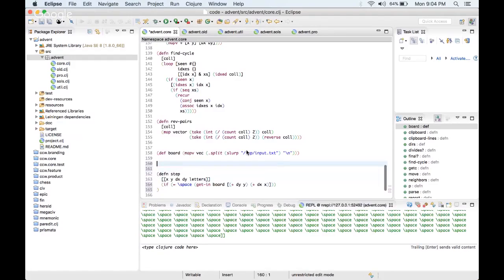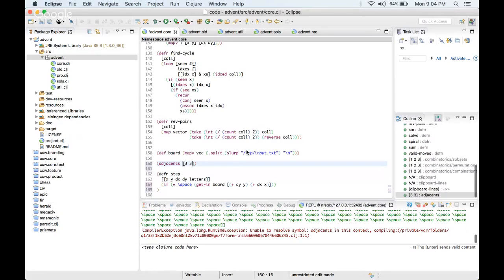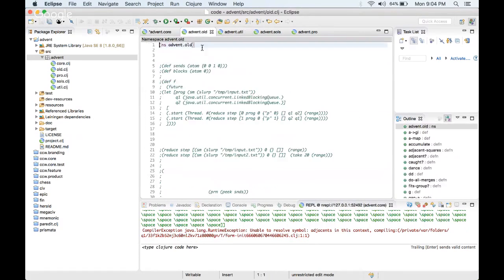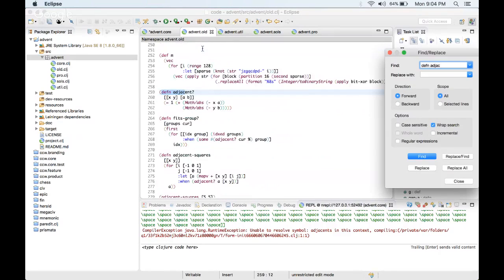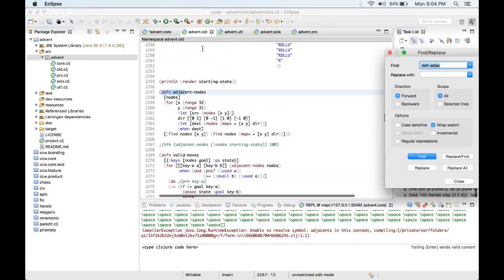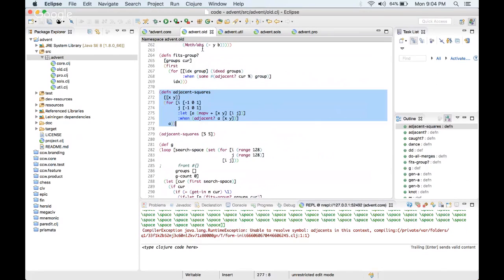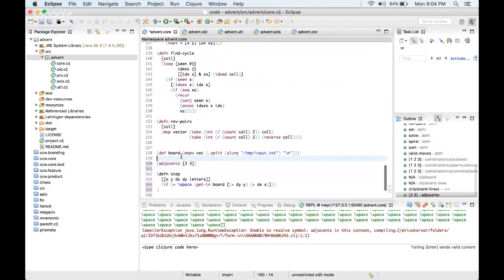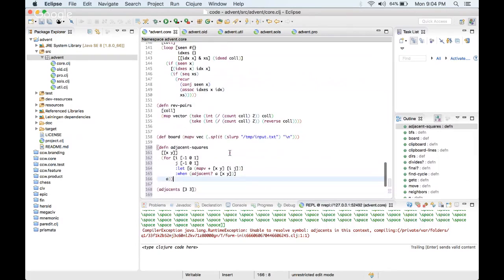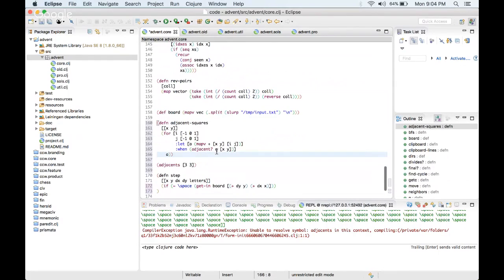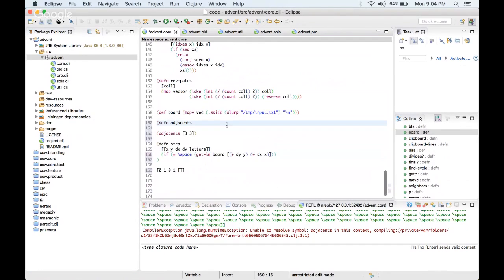And if it is, then let's see. I think I have a function called adjacents. So if I call adjacents on, like, let's say 3 and 3, okay, maybe I don't. Let me see if it's maybe here. I see. I got something called adjacent squares, so I think I like this one. So for each of these, when adjacent, well, I don't like this very much.